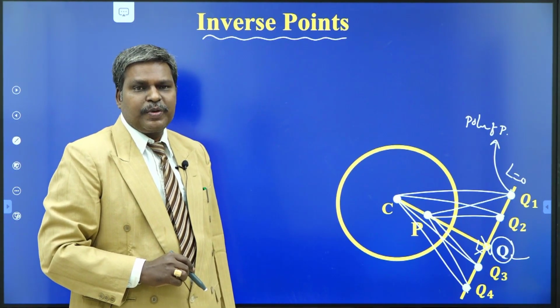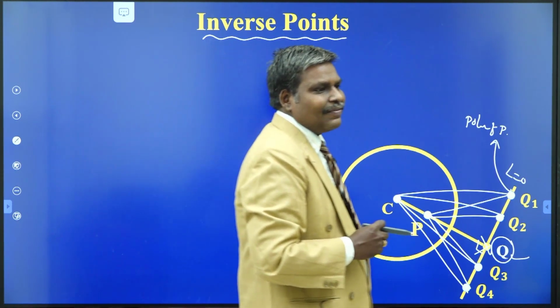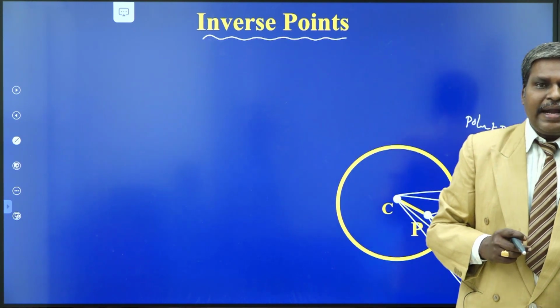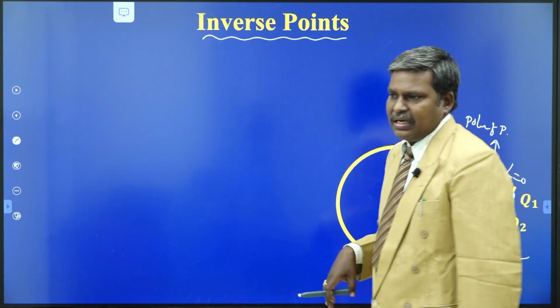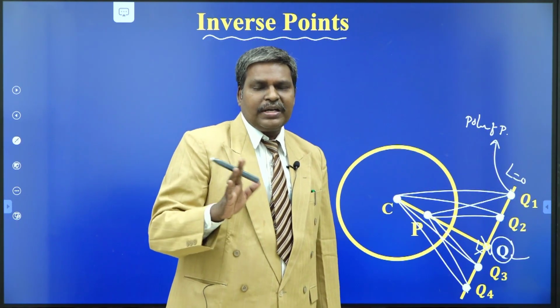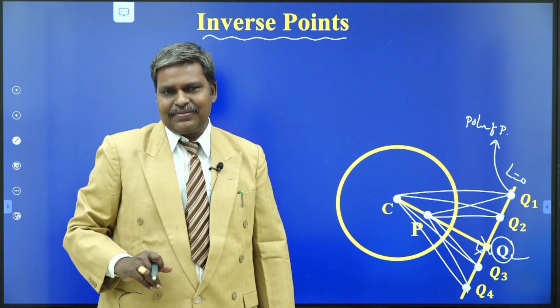Two points P, Q are said to be inverse points with respect to a circle if they are conjugate and, at the same time, collinear with the center of the circle. That is the definition itself.